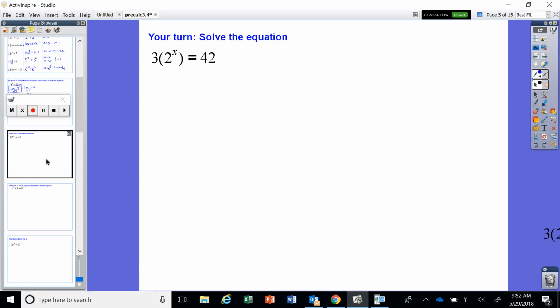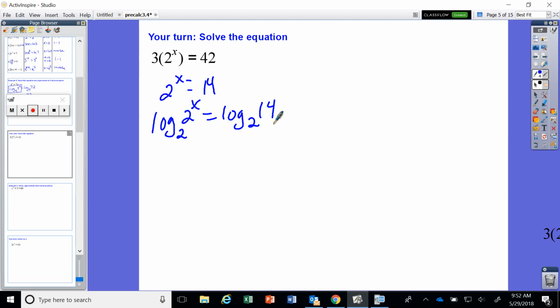Again, just like anything else, I want to get the x by itself. So I'm going to divide, first and foremost, by 3 to get x by itself. From there, guys, once again, I need to get x out of the exponent. So we're going to log with a base 2 on both sides. The reason is this allows me to use my inverse to say the log base 2 of 2 to the x equals x.